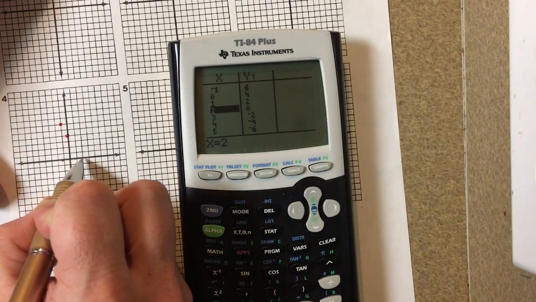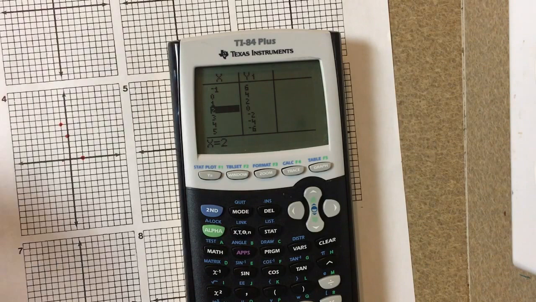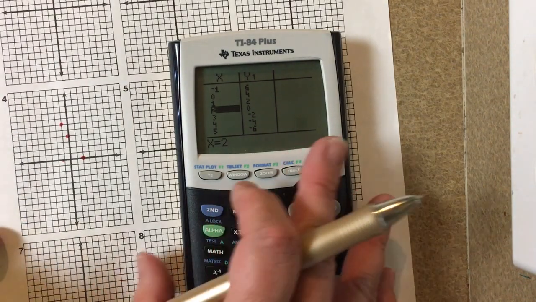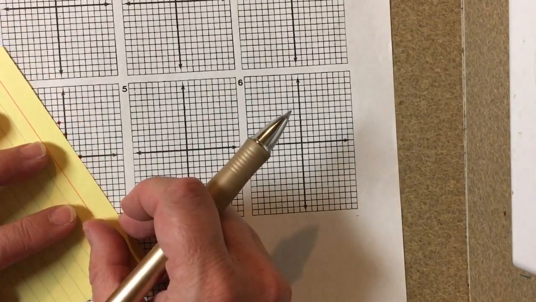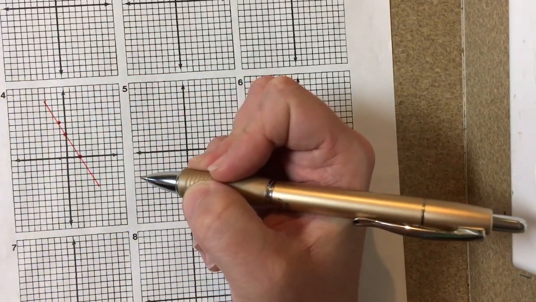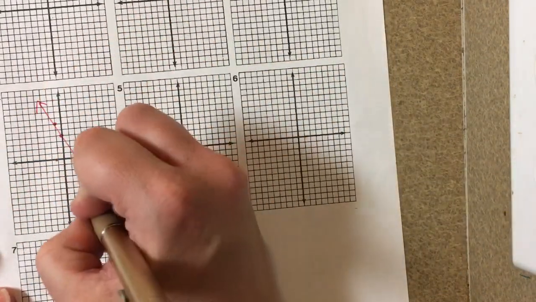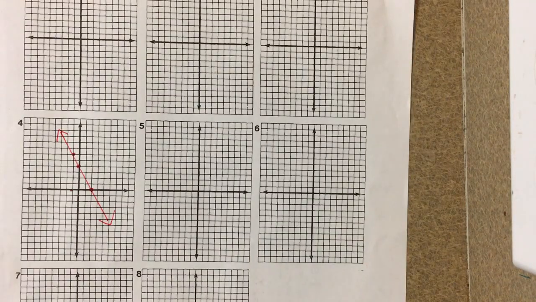So I'm going to go over 2, and I'm going to stay there. Okay, you can graph more, but we only need 3 to be able to make our line. So I have 3 points. I'm going to connect those points, make my line, draw an arrow on the ends because this line continues on forever.